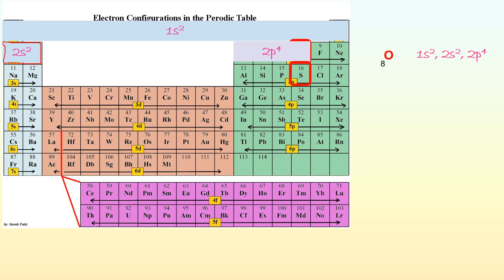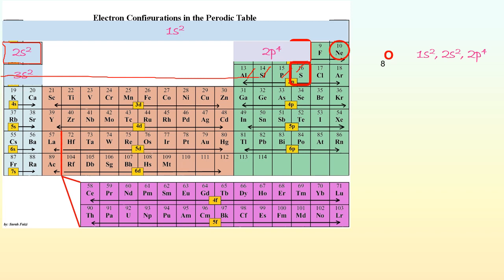Now for writing the electronic configuration for sulfur, we have to find which noble gas is present before sulfur. Here that is neon. Okay, so after neon, which orbital is present? 3s. So it is also complete. So first we write neon in brackets and then 3s2. Sulfur is present at the p4 level, so 3p4, because it is in the third shell.